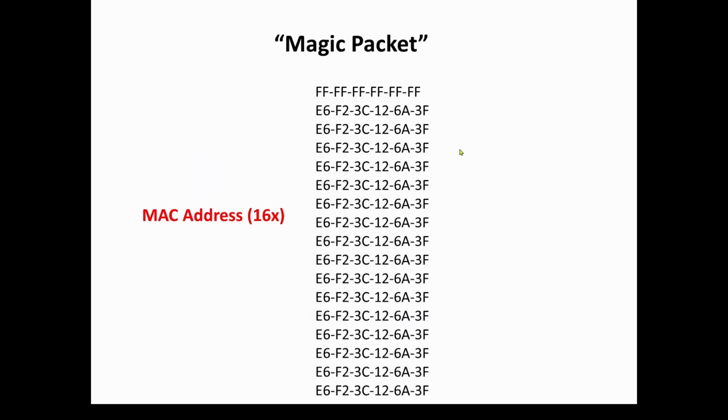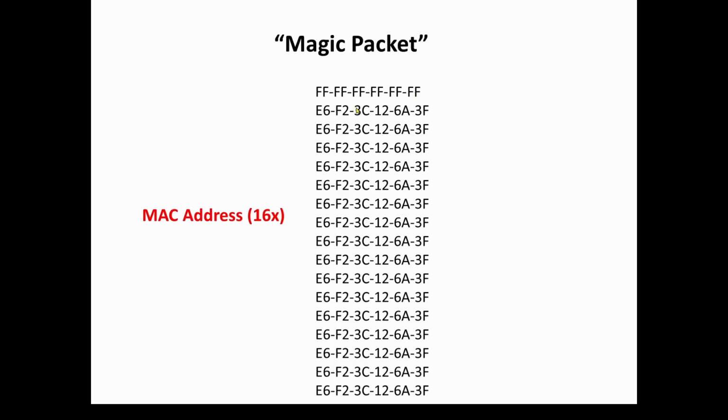Now, in order to send a command over Ethernet to a remote computer that is in the S5 or shutdown state, you're going to need to send over Ethernet what's called a magic packet. And all that is a bunch of numbers. It starts out with the hexadecimal equivalents of 255-255 and so on, so 6 instances of the number 255.